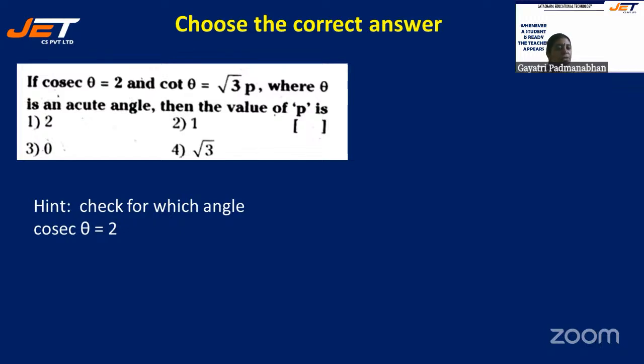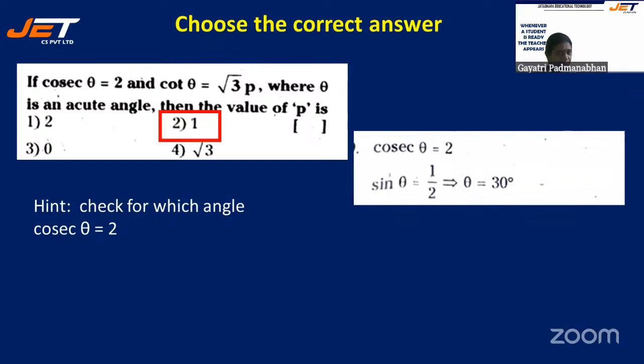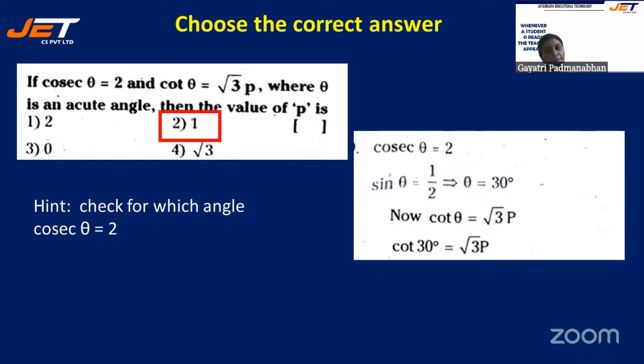Cosecant theta is 2 means sine theta is half, which means theta is 30 degrees.